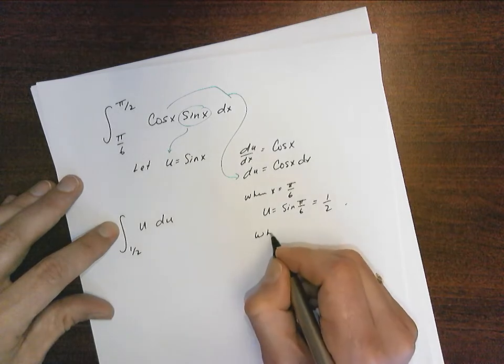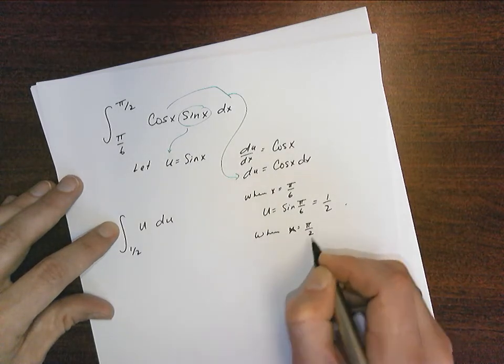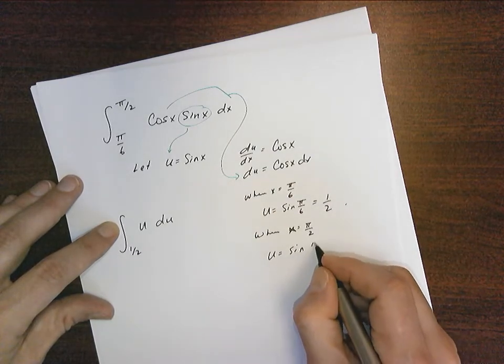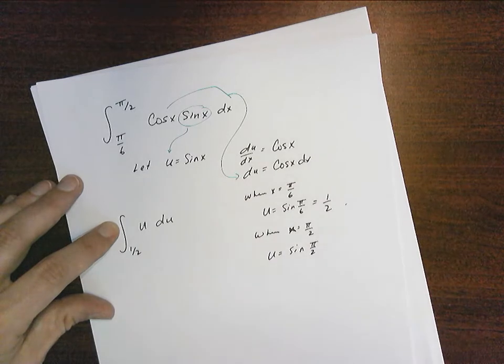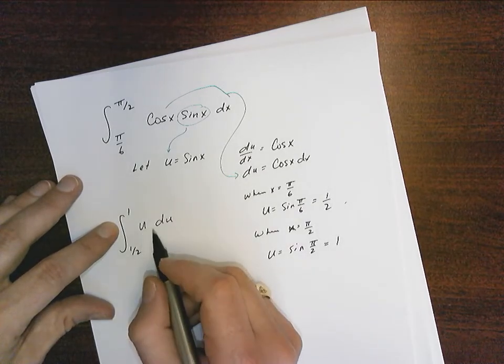And when x equals pi by 2, u equals sine of pi by 2, which is 1. So the upper limit in terms of u is 1. The lower limit in terms of u is 1/2.